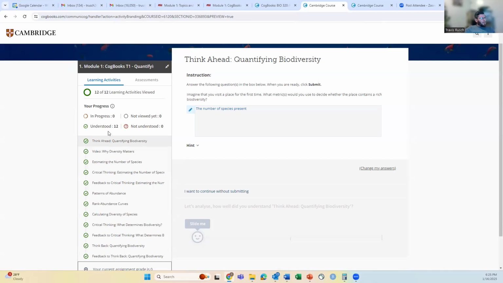Getting into Cogbook, this is module 1, T1. Generally, at the very beginning they have this think-ahead, open-ended question. They don't tell you if you're right or wrong, because the idea is it just wants you to get thinking about the topic in general. You can write an answer, slide it to whether you understand it or not, and then move forward.